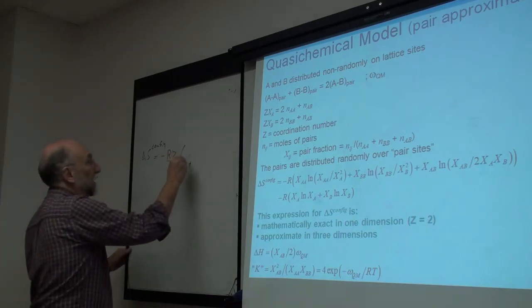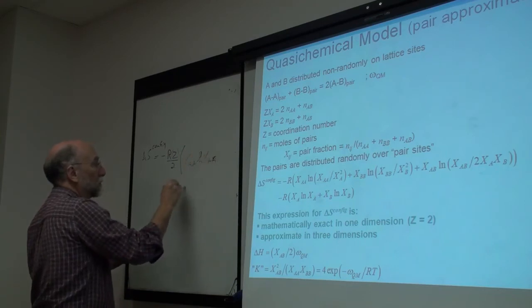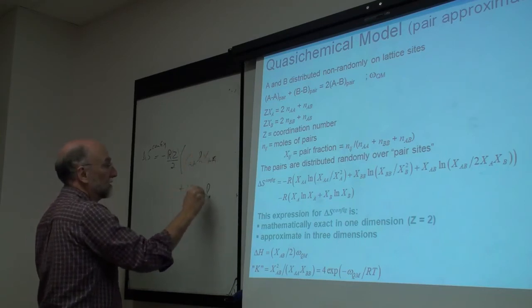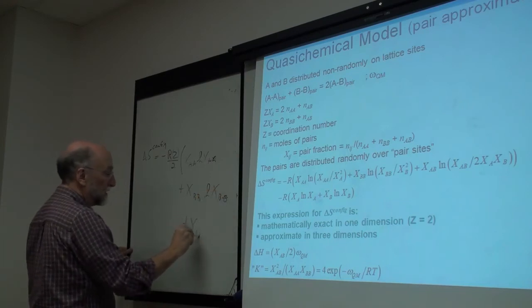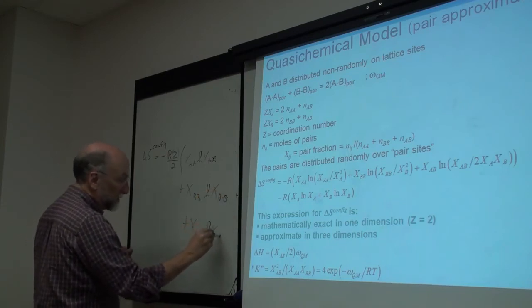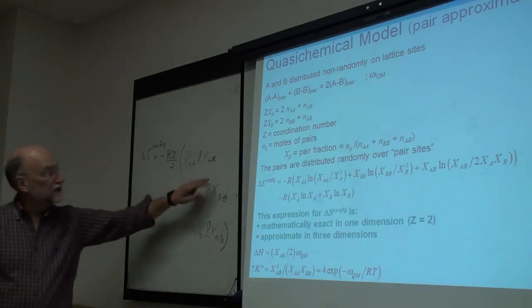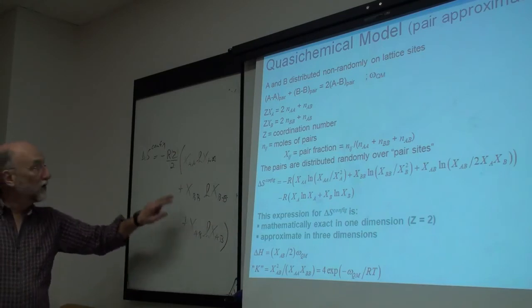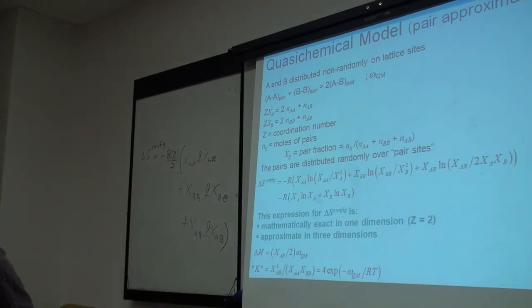So we have XAA log XAA plus XBB log XBB plus XAB log XAB. Now it's an ideal mixture of AA, BB, and AB pairs over Z over 2 moles of pair sites. Is that clear so far?